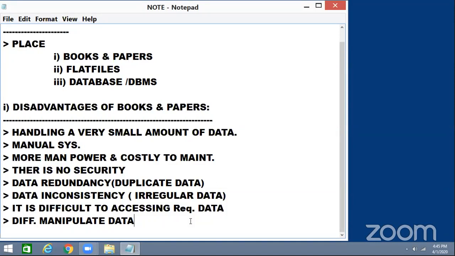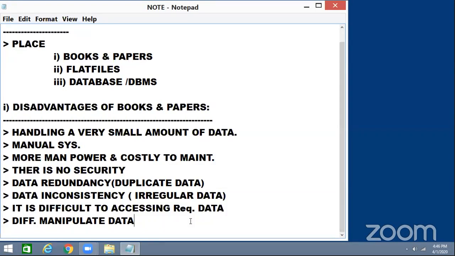And redundancy problems: if I want to repeat the same data again and again, it will be accepted here. There is no mechanism to restrict redundancy. Similarly with inconsistency, the data is not in a regular format; you can insert any format, character, number, float. There is no systematic format, and sometimes we miss some data.